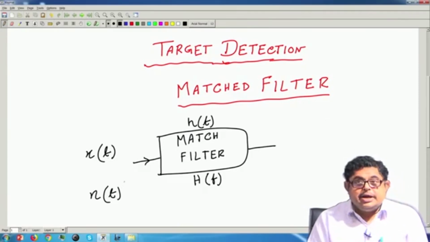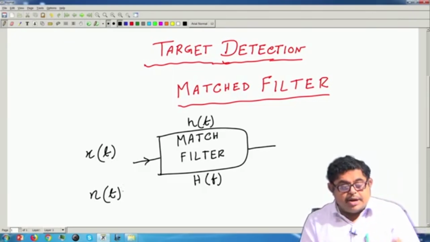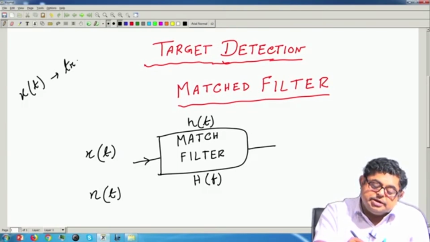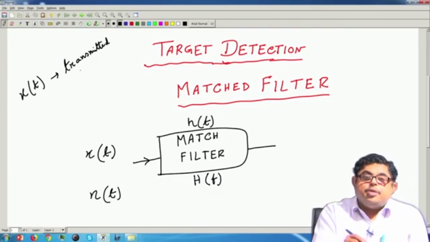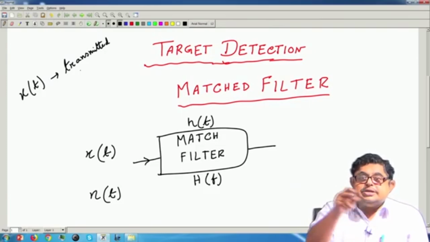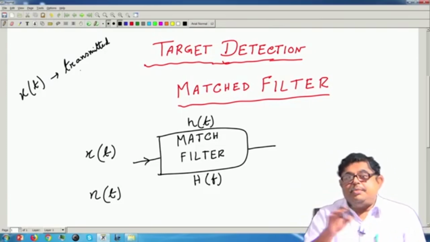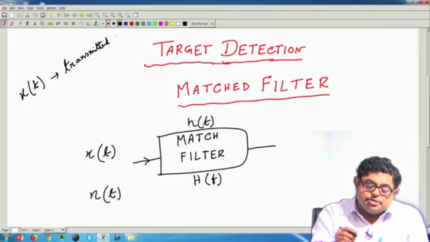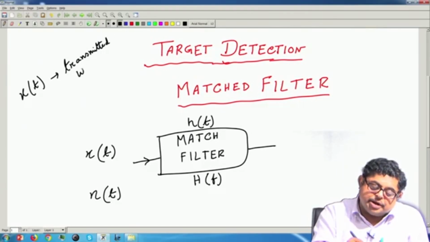But here I am assuming that x(t) is the signal part that was transmitted by the radar transmitter. I know what signal got transmitted. For pulse radar we know it is an RF carrier signal, but its amplitude envelope is something like a pulse, whatever. So, the transmitted waveform.